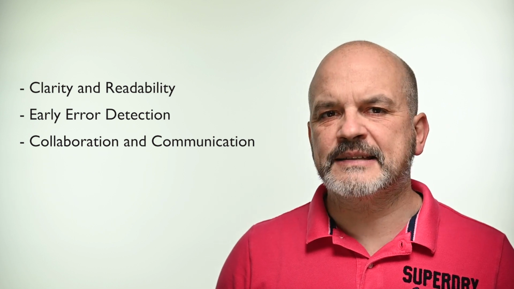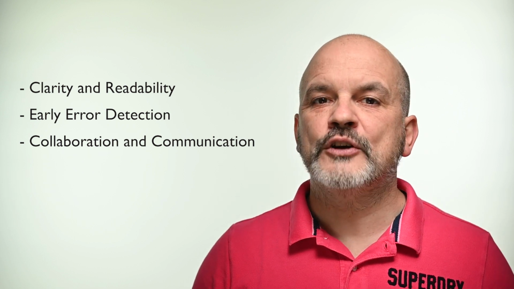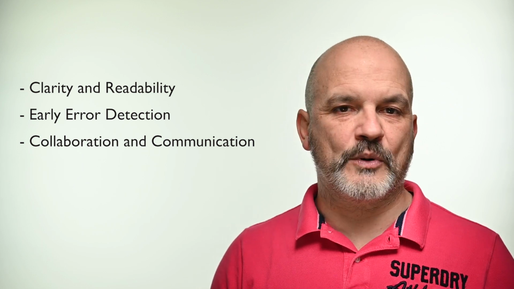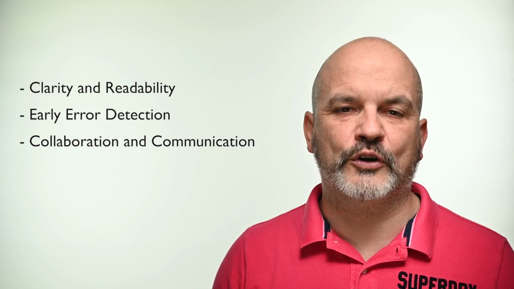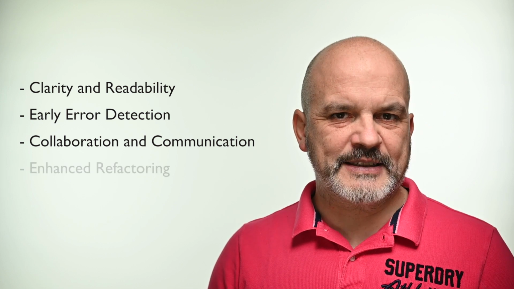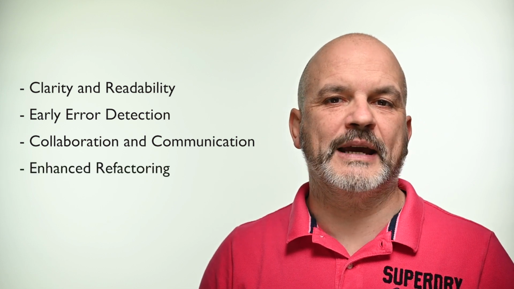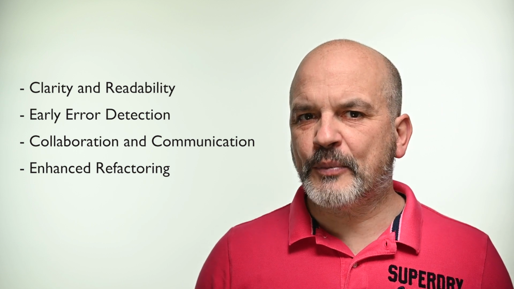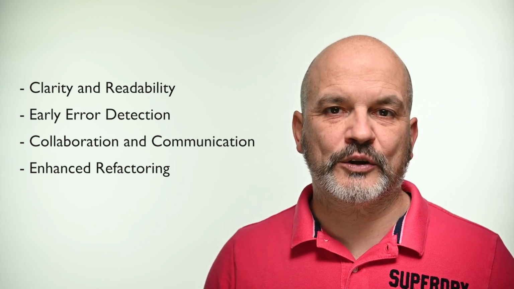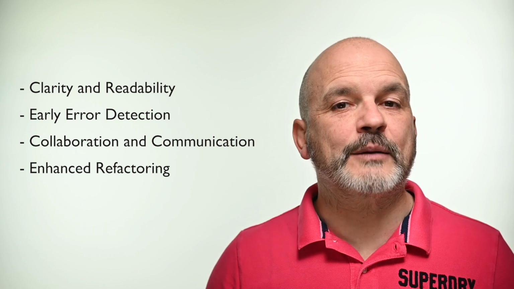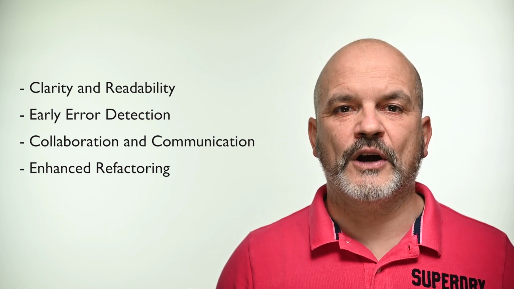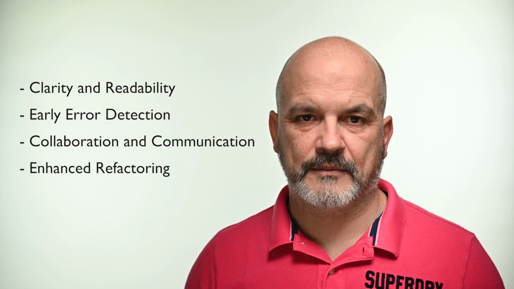It facilitates collaboration by clearly defining the interface between different components, making it easier for team members to understand and contribute to the codebase. Type hints play a crucial role in making a codebase more adaptable to changes. During refactoring, developers can rely on type annotations to understand the flow of data and make modifications with greater confidence, minimizing the risk of introducing errors.